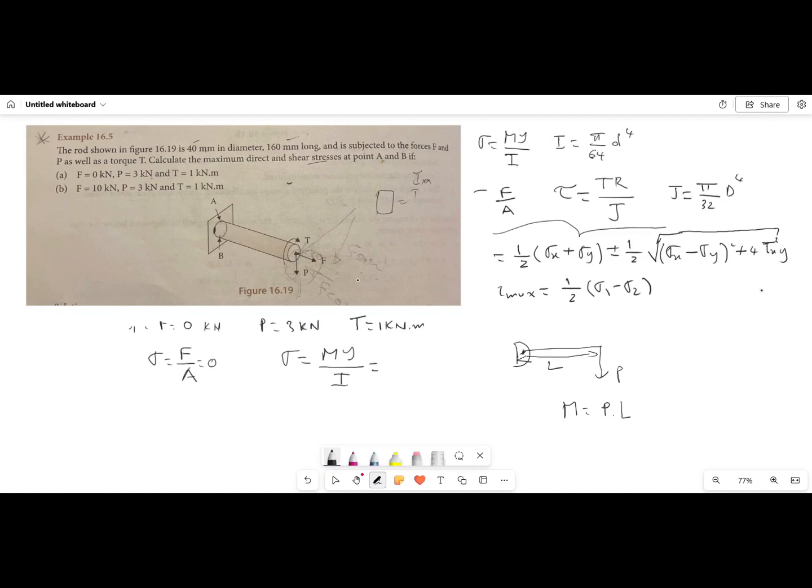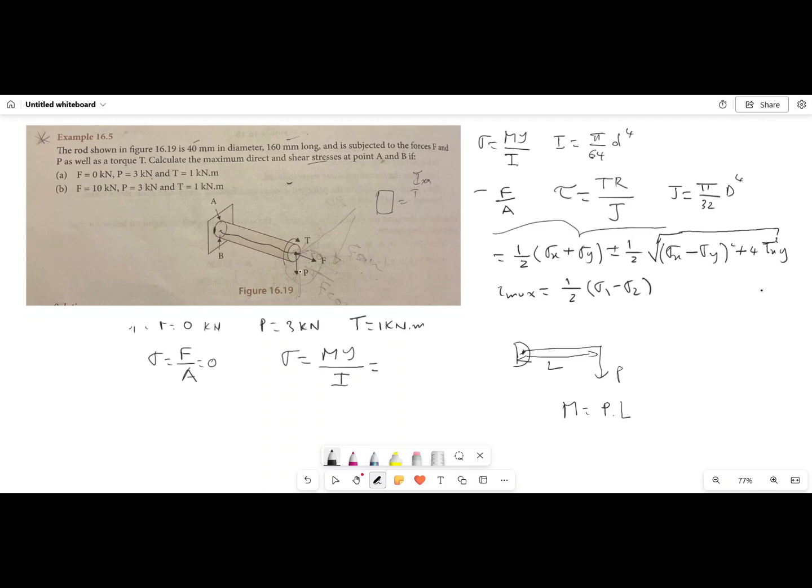This is 3D, this is 2D. Where P is like this, the perpendicular distance is from where it is to where this object is. So force times perpendicular distance is what is making the moment.